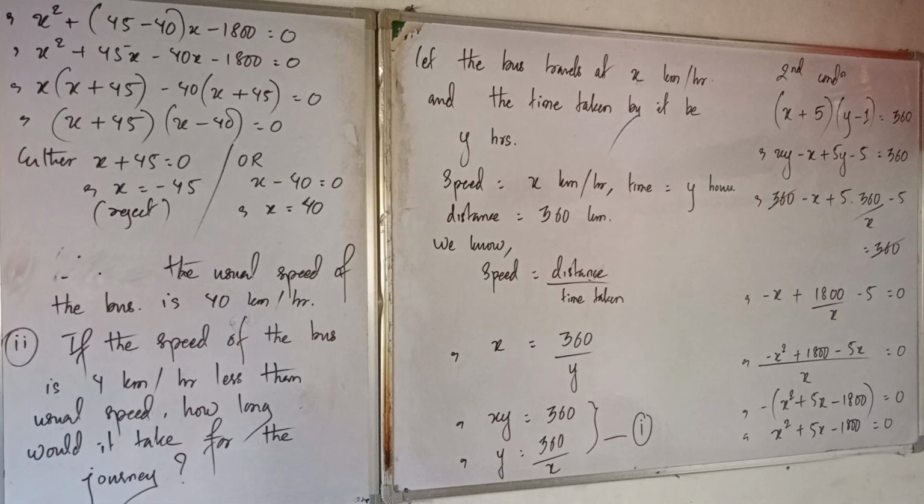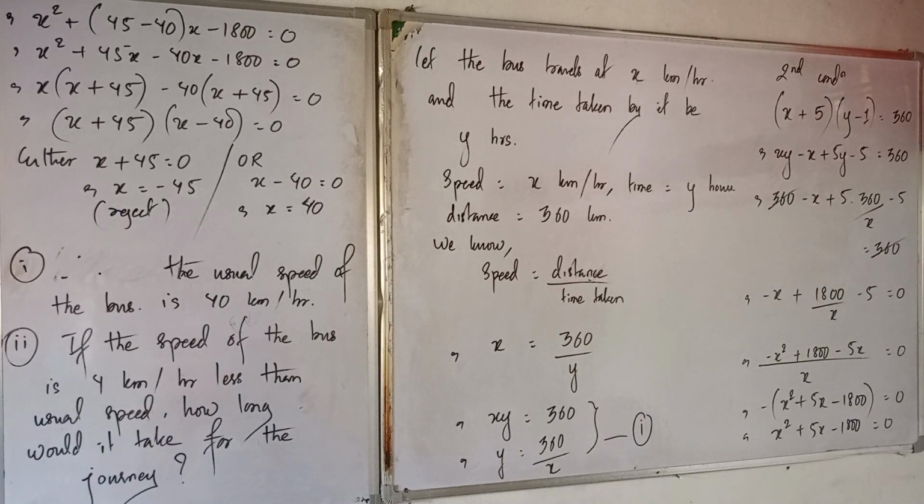This is the answer for part one. Now part two: if the speed of the bus is 4 km per hour less than the usual speed, how long would it take for the journey?